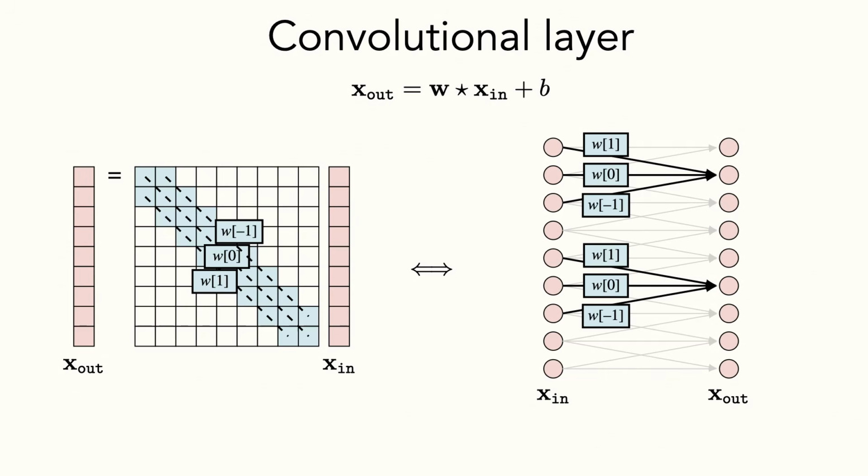Instead of being dense, it's very sparse. In this instance, where we're only looking at a sliding window of maybe 3 elements of the input vector, those 3 elements are the only components above and below the diagonal that have values, and the values are exactly the same along the entire diagonal of that matrix.